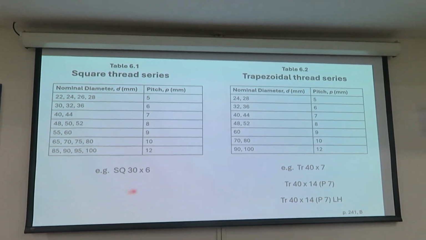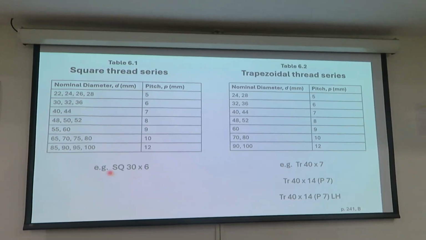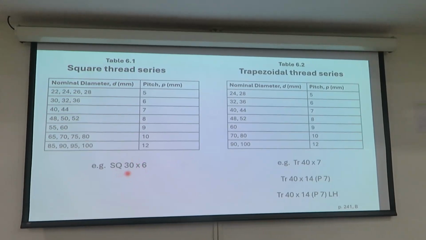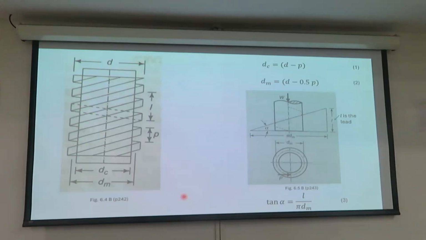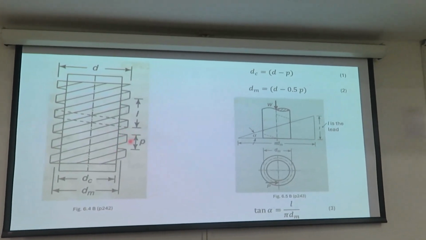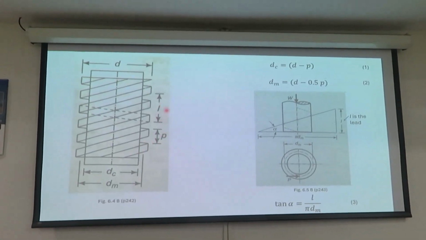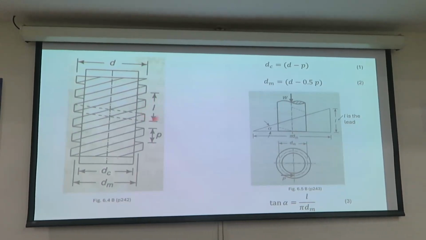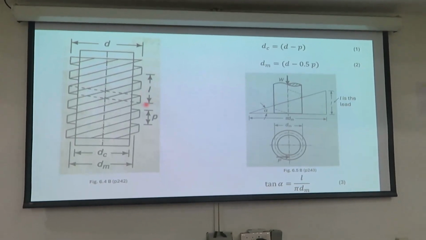This is how we write the thread. For example, square 30 cross 6 means nominal diameter 30 and 6 is the pitch. This gives a drawing of the thread. P is the pitch, L is the lead. As I said, there are screws with multi pitch or multi lead.